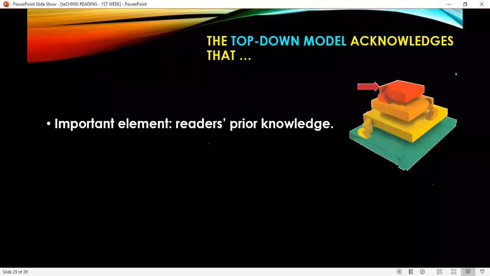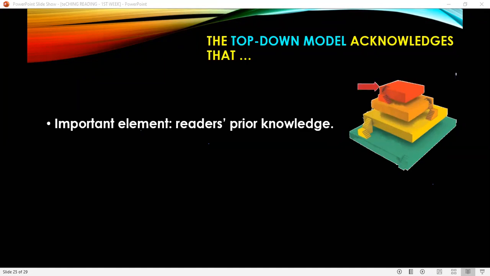Here, as I told you before, an important element, according to this view of reading, is the reader's prior knowledge. This is one of the most important elements in the process of reading.